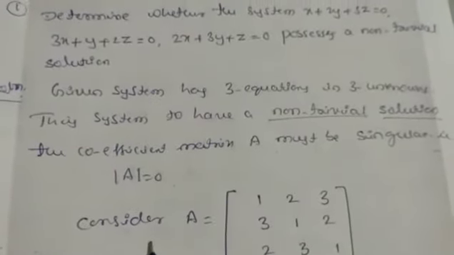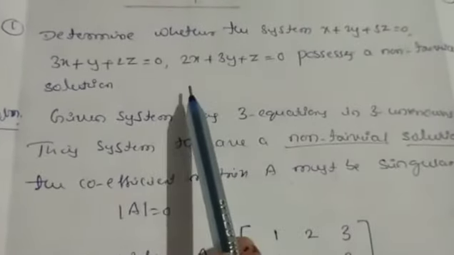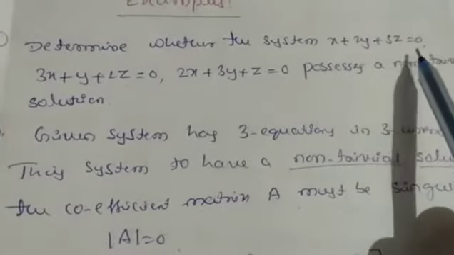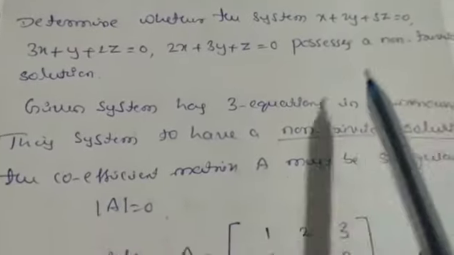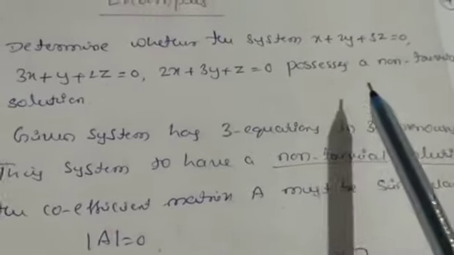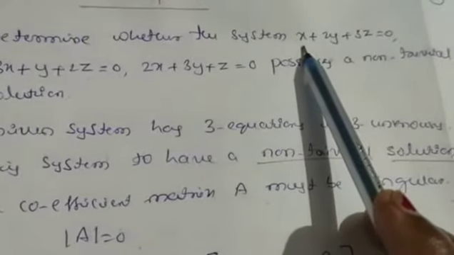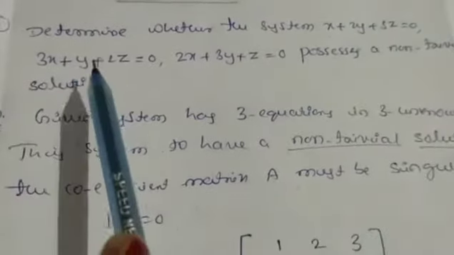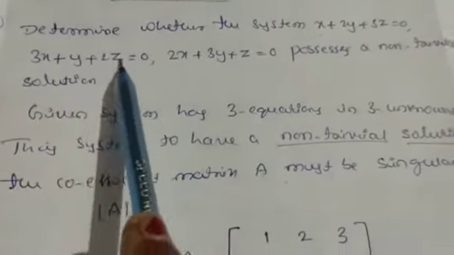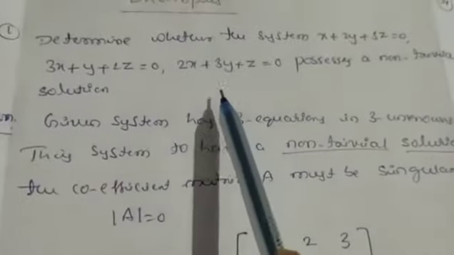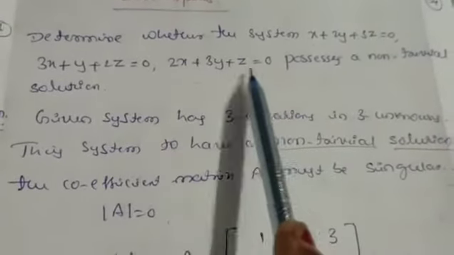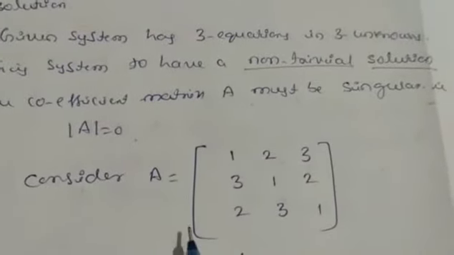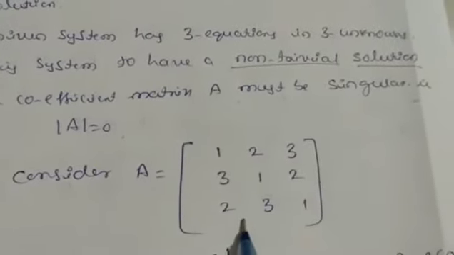So consider matrix A. To get matrix A, you just write the coefficients of x, y, z in each equation. So A is equal to: coefficients of x, y, z in equation 1 are 1, 2, 3. In the second equation it is 3, 1, 2. And in the third equation the coefficients of x, y, z are 2, 3, 1. Like this, you have to write the coefficient matrix A.